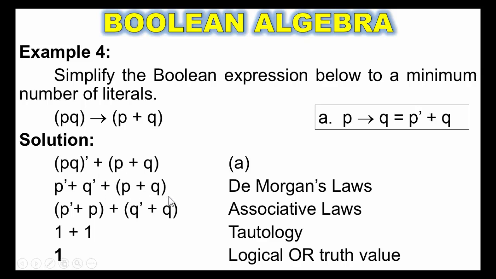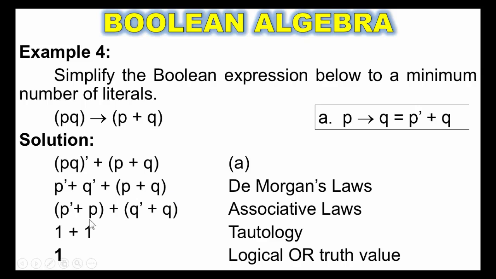Next, since all the terms of the Boolean expression have a uniform connector which is OR, we can apply associative laws. We can group not of P or P and then enclose it with parentheses, and we can group not of Q or Q and then enclose it with parentheses. And the reason why I group them is because they are tautologies.